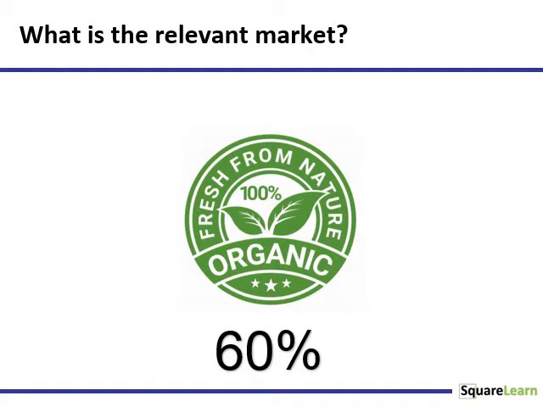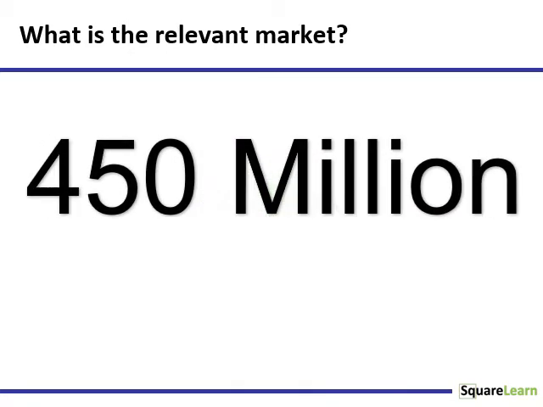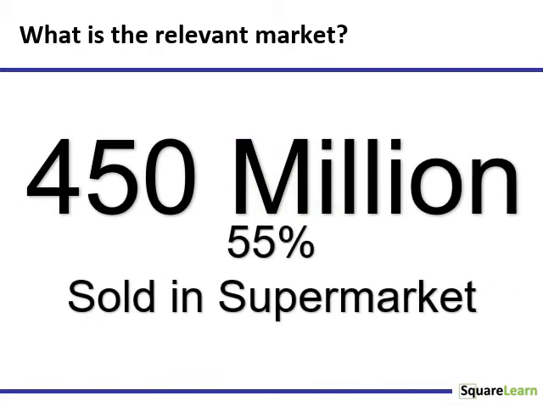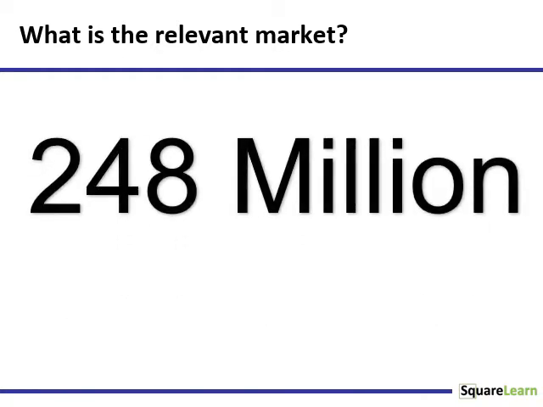A Mexican coffee had no additives and the producer refused to artificially flavor his coffee. Therefore, my relevant market was further reduced to 450 million, but of that market slice, only 55% was sold in supermarkets. That left me with a 248 million market. That was my relevant market.